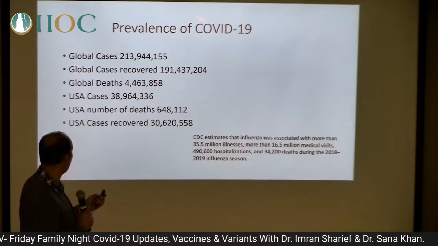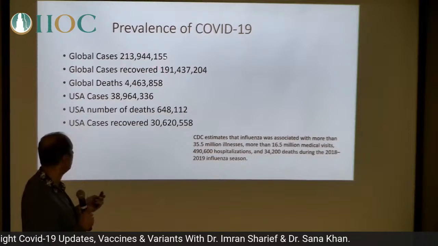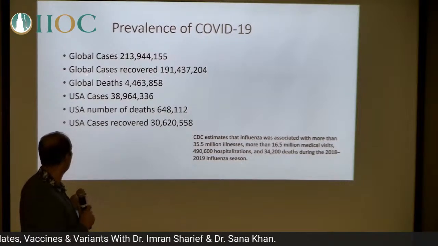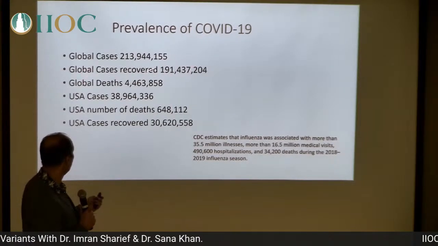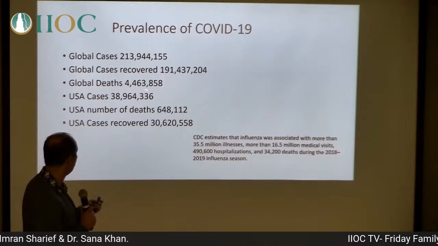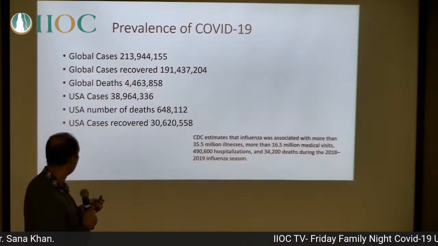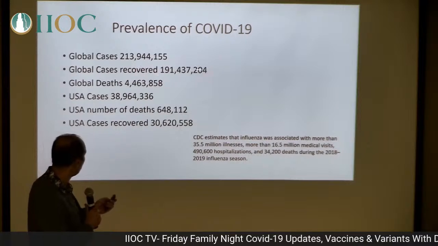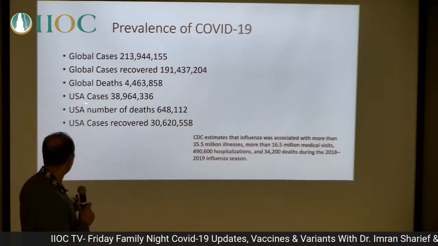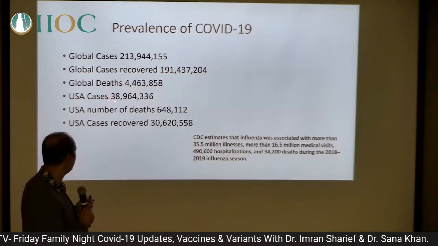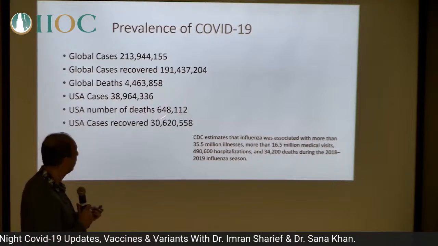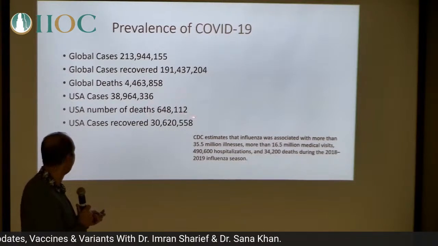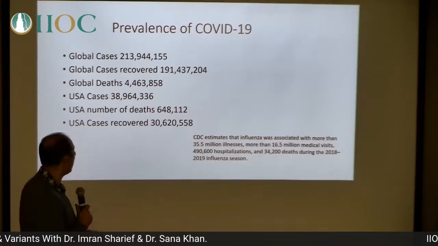At this point, around the globe, we have 213 million cases, and people who have died, unfortunately, more than, as you can see, 4.4 million, and the people who have recovered, almost close to 200 million. USA, almost 40 million cases. Unfortunate deaths, close to 650,000, and this is the recovered.